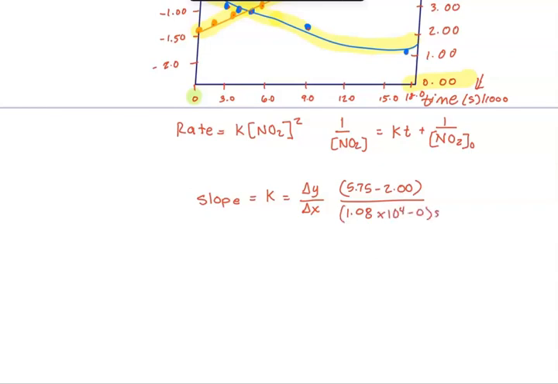Now remember, this is all in seconds, and this is going to be in molarity minus 1. If you put that into the calculator, we should get 2.08 times 10 to the negative 4 because of our significant figures. Our units are going to be liters over moles times seconds. All right, so this is our constant. So we're going to save it for later for the second part.